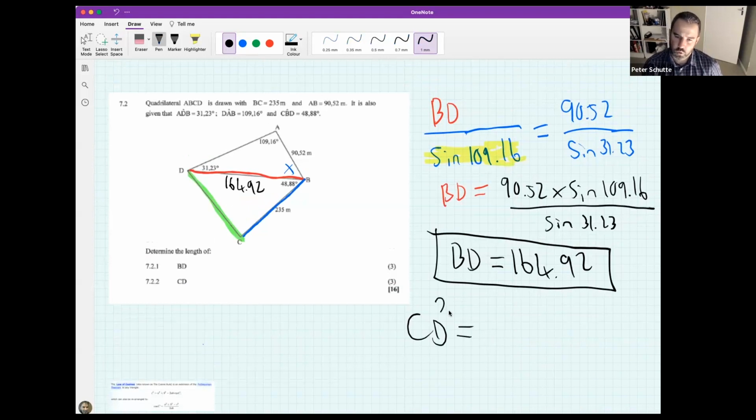So I guess all cos rules have a squared something. It's going to be a little bit messy because I've got some decimals. So that's 164.92. That's 235. I could put 235 or, yeah, I'm running out of space.